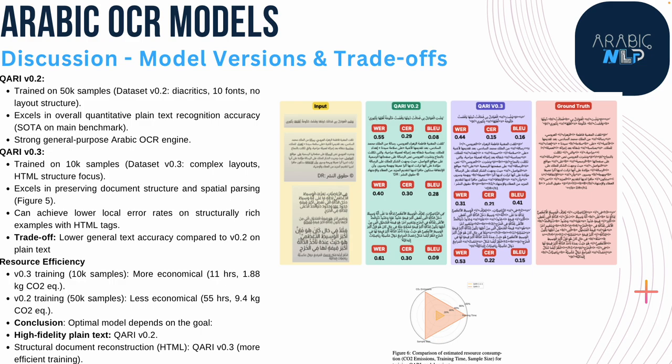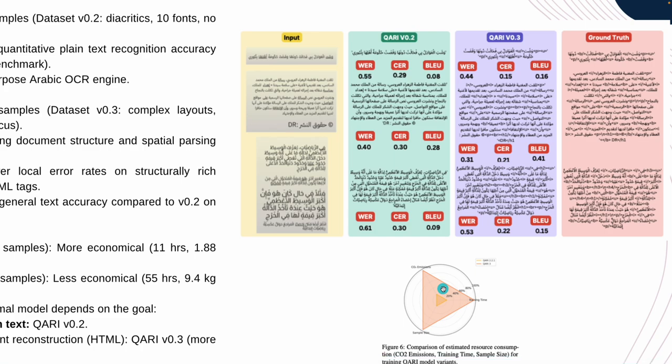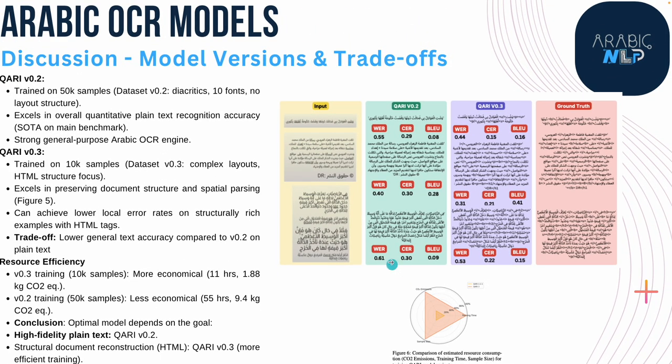And also, we looked at how much computing power each model needed for training, and this is a very important aspect. Training version 3 on the smaller layout-focused dataset was much more efficient, and it took less time and, of course, used less energy, compared to training version 2 on larger datasets.